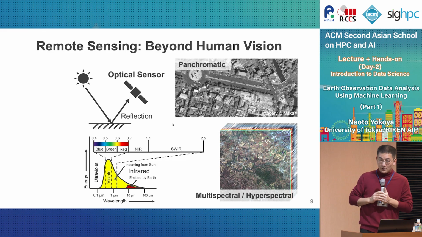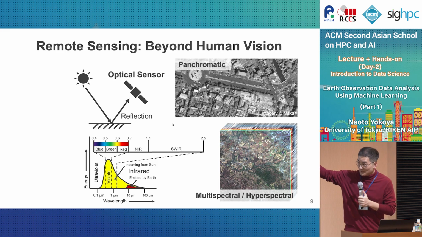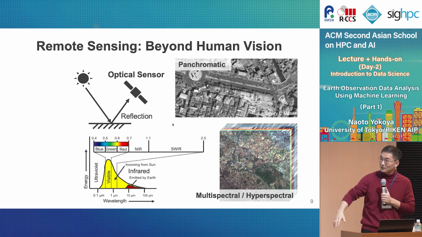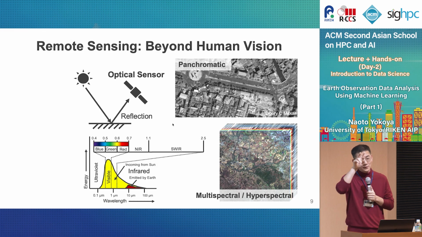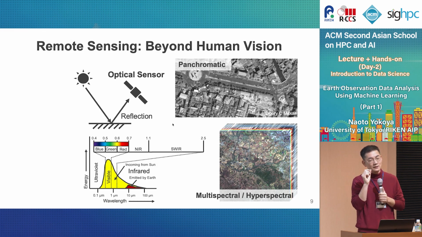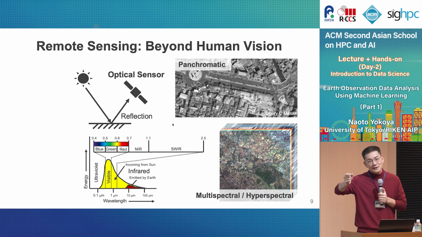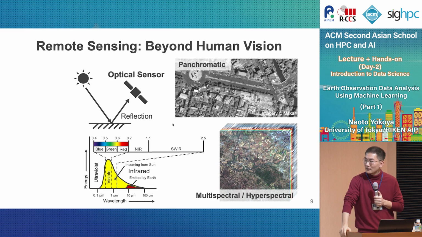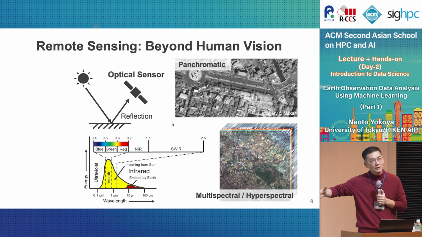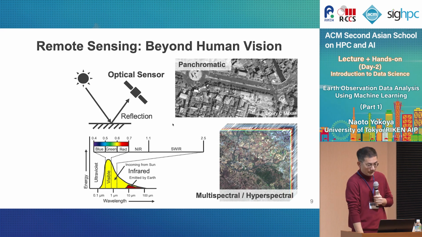The visible range, as shown in this bottom left-hand illustration, is very, very narrow in terms of spectral wavelengths. This world is colorful, and we can understand a lot of things based on color information, but it's just part of the wavelengths. There are many other wavelengths, like near infrared, thermal, microwave and so on.